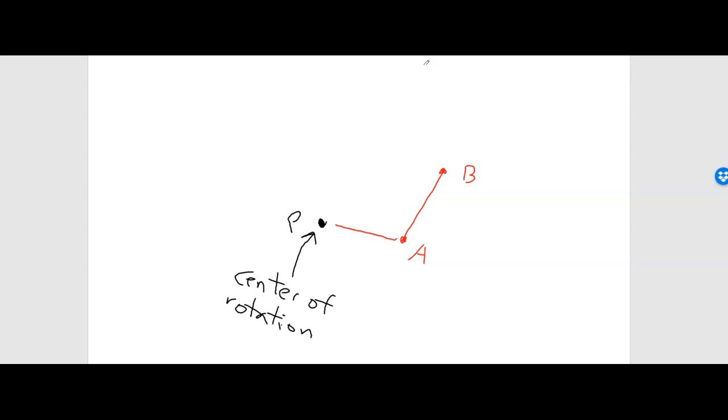I would first draw a segment. Let me do a different color. Let's try this one more time. So I would just draw a segment from A to the center of rotation. Then I would mark a 90-degree angle.